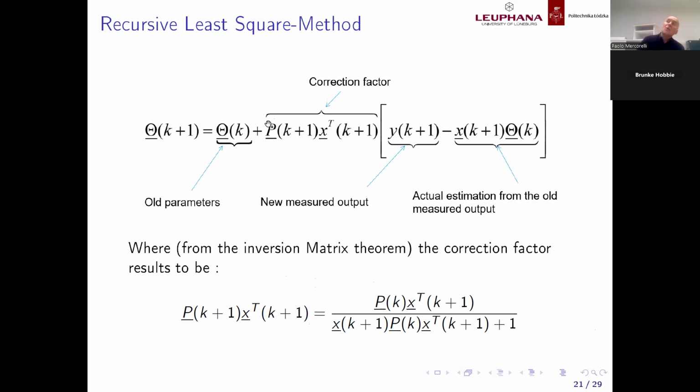But of course, we can also use this expression directly. But this form is a little bit more useful, because we can see a little better some variations of this recursive least square.